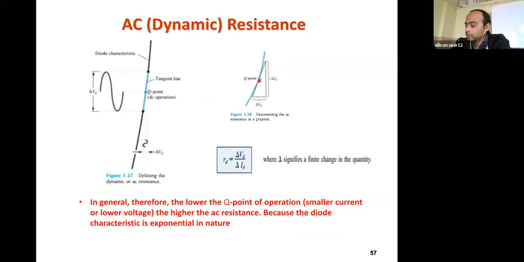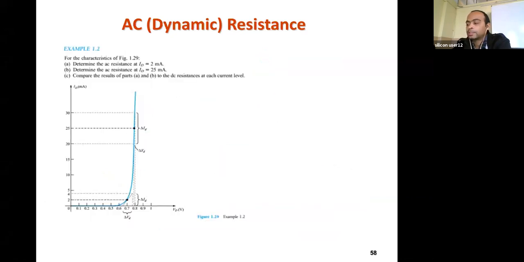We put a slope for this point, find the delta VD and delta ID, divide, and find the AC resistance at that point.